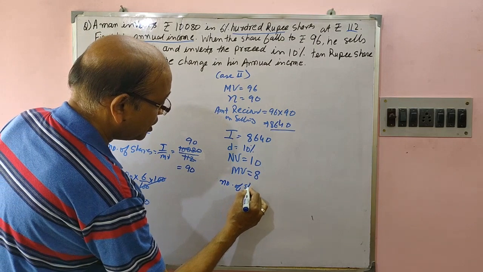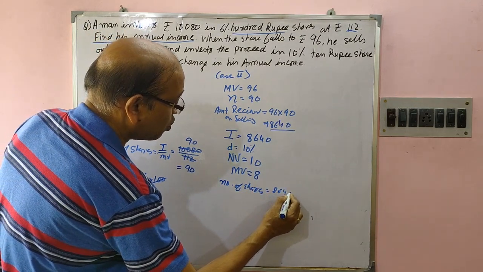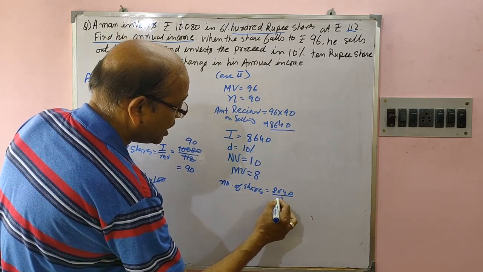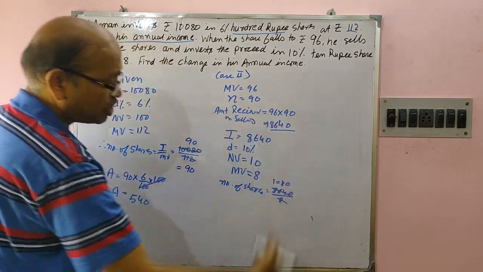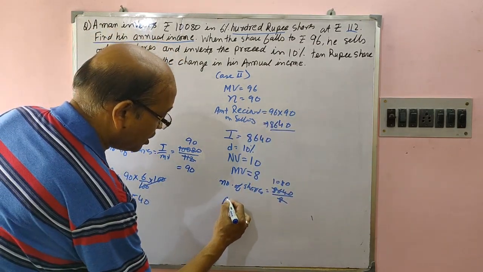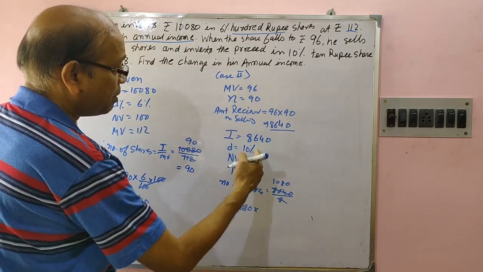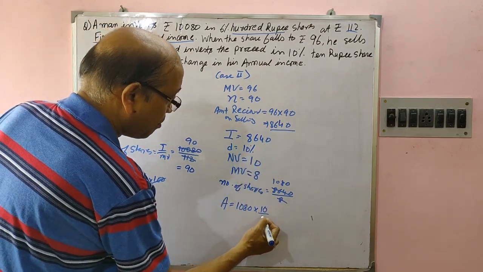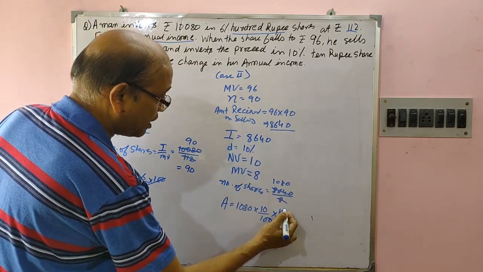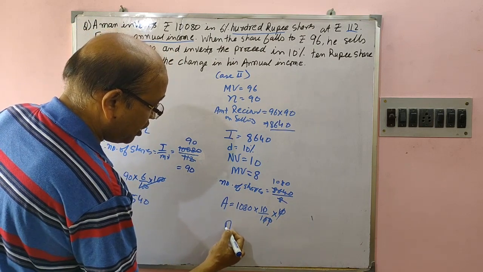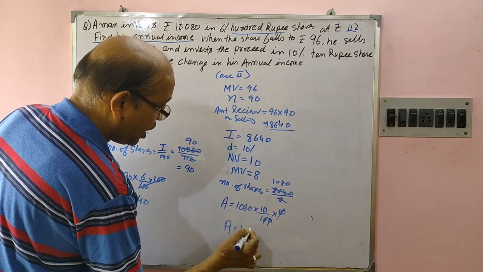Number of shares is 8640 by 8, 1080. The number of shares is 1080. Therefore, the income is number of shares 1080, D percent 10 by 100 into nominal value 10. So he receives the annual income as 1080.